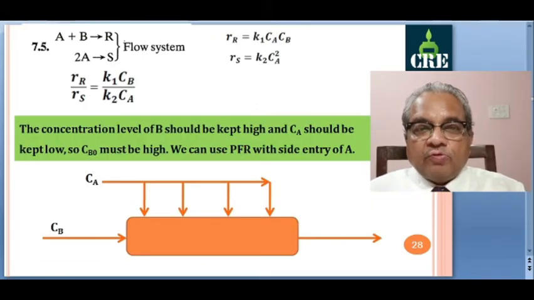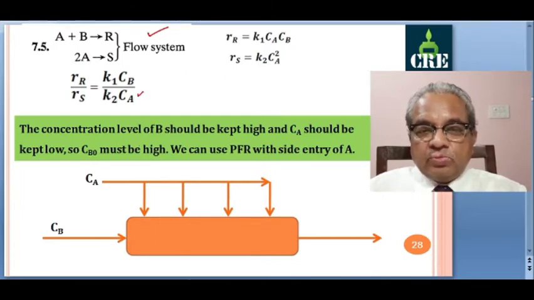Next, 7.5. A plus B gives R, 2A gives S, in a flow system now. So the rate of formation of R by the rate of formation of S is k1 Ca Cb over k2 Ca squared. If you take this ratio, it is k1 Cb by Ca. Now, the concentration level of B should be kept high and Ca should be kept low. Cb0 must be high.